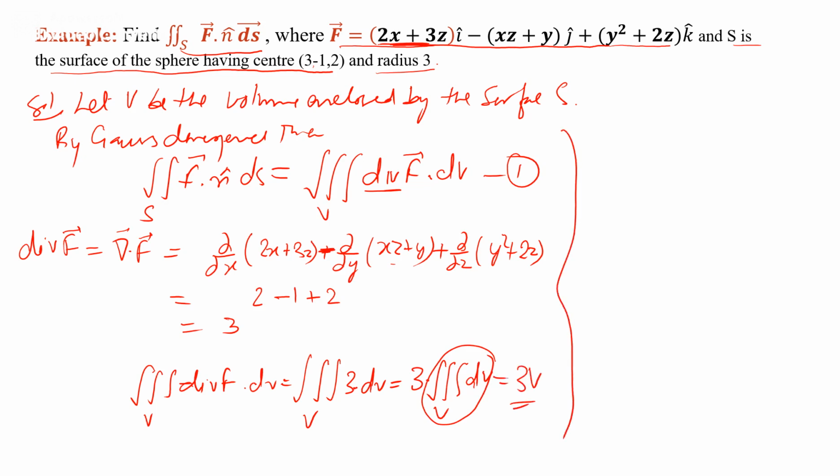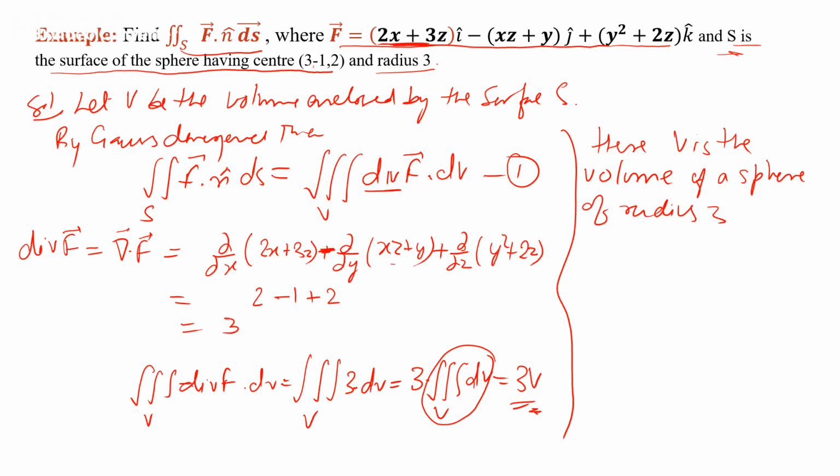Now here V is the volume which is enclosed by the surface, and here V is the volume of a sphere of radius 3, whose center is (3, minus 1, 2). As we know, the volume of the sphere is 4 by 3 pi r cube, and here r is 3.